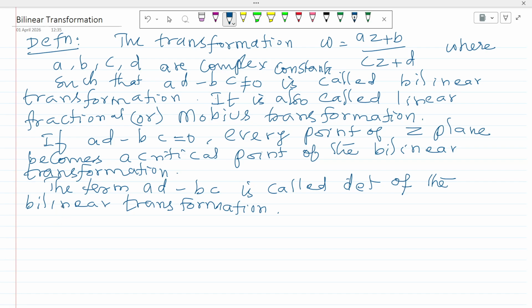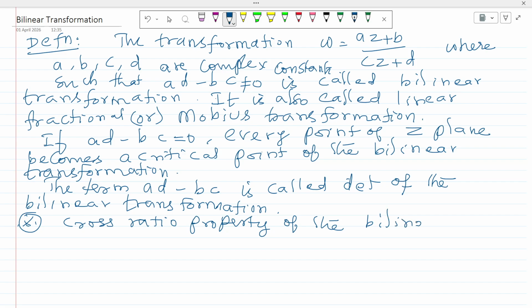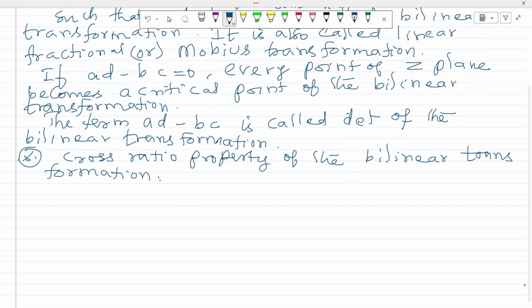Write the heading: cross ratio property of the bilinear transformation. It is so important.